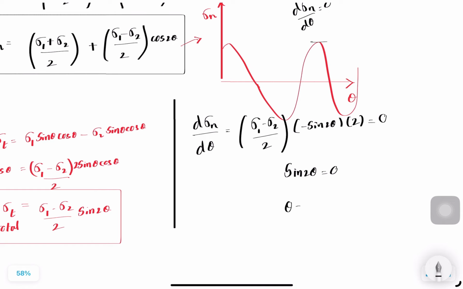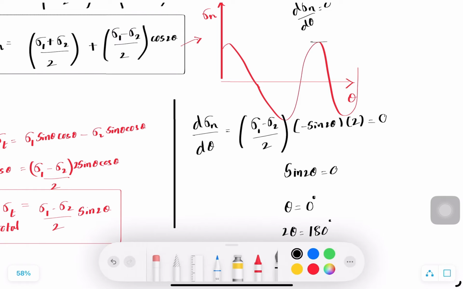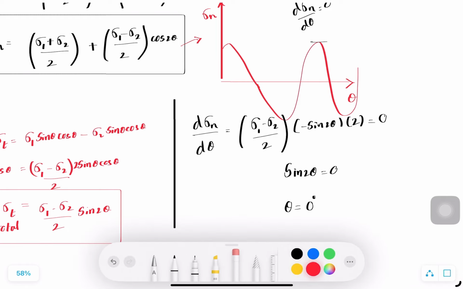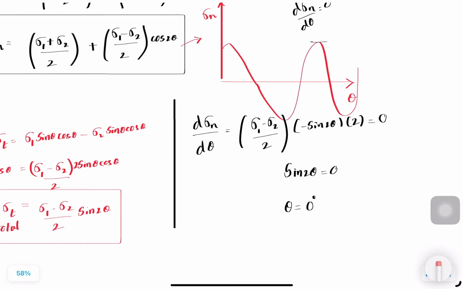Sine 2 theta will be equal to 0 when theta is equal to 0 degree. At that time, it's going to become 0. No, not 180 degree, I'm sorry: when theta is equal to 0 degree, or when theta is equal to 180 degrees, or when theta is equal to 90 degree.